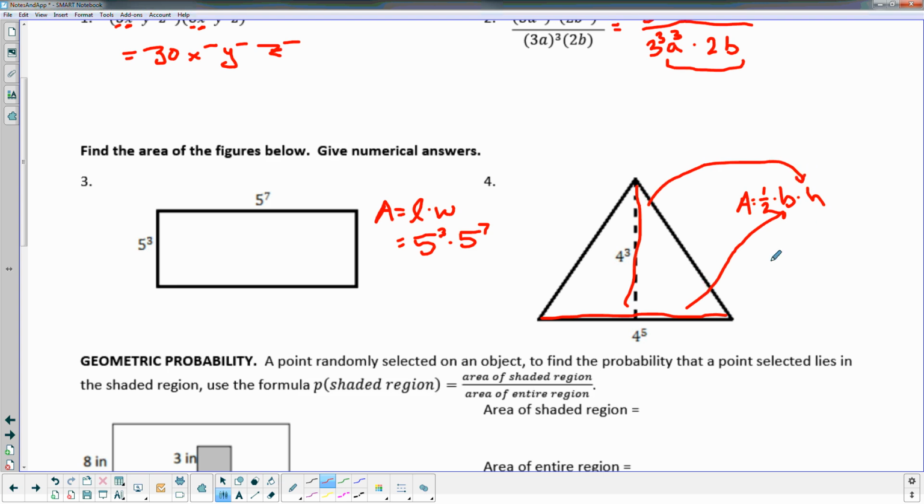So I have my 1/2 base times height, so I'm going to have 1/2, base is 4 to the 5th, and height is 4 to the 3rd. So I'll figure those out, and if you just want to leave it as a fraction with 1/2 in the denominator, that would be fine as well.